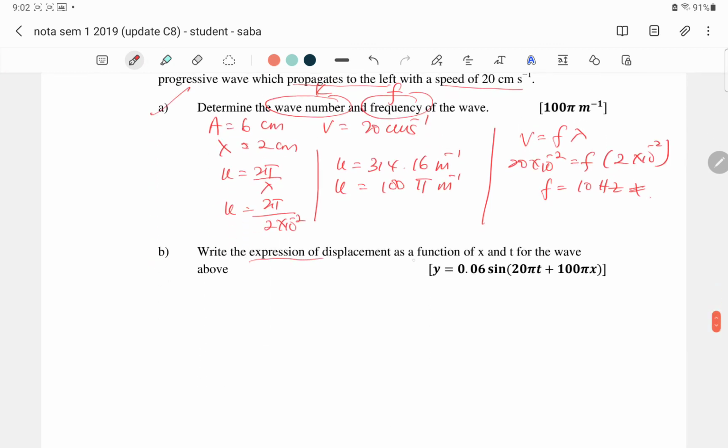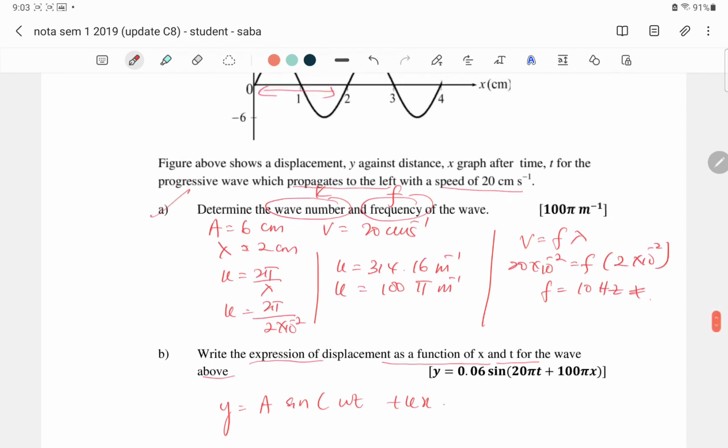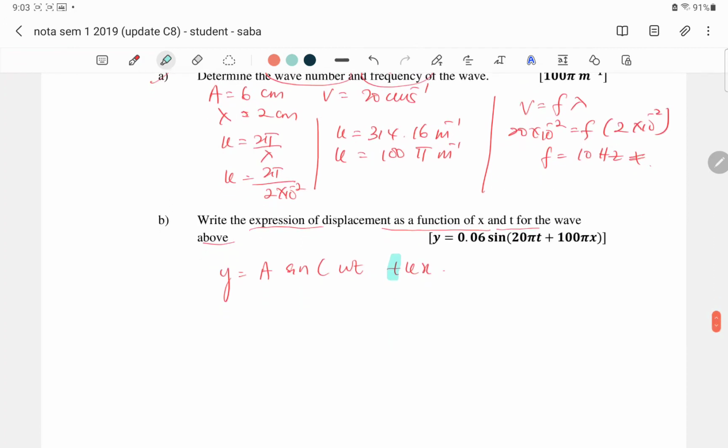Write the expression for the displacement as the function of x and t for the wave above. So the basic equation is sine with plus kx. Kenapa plus? Because here the progressive wave is propagating to the left. Kalau left, ingat kita punya equation kita ada plus. Plus meaning the wave propagates to the left, or from right to left.